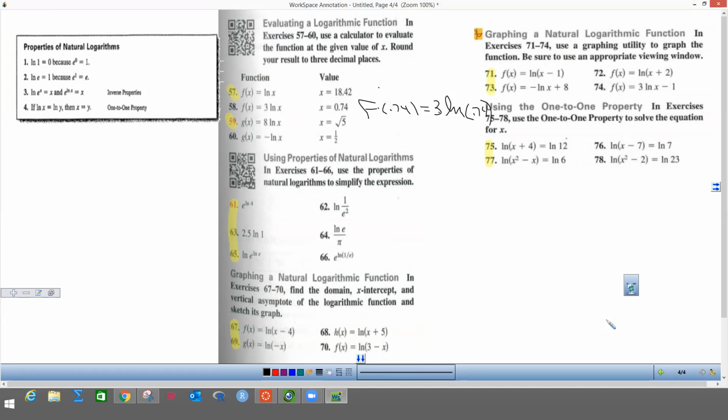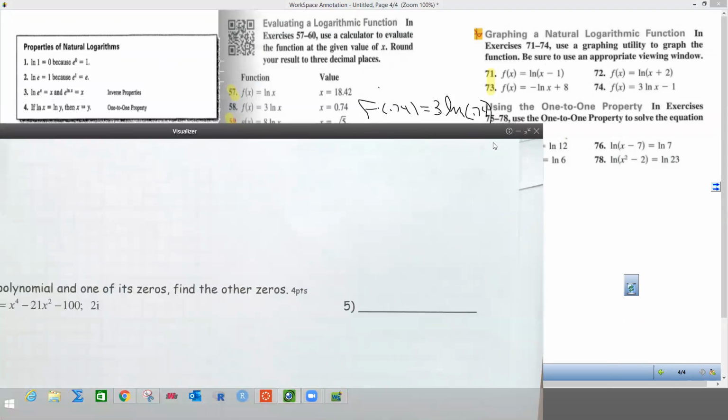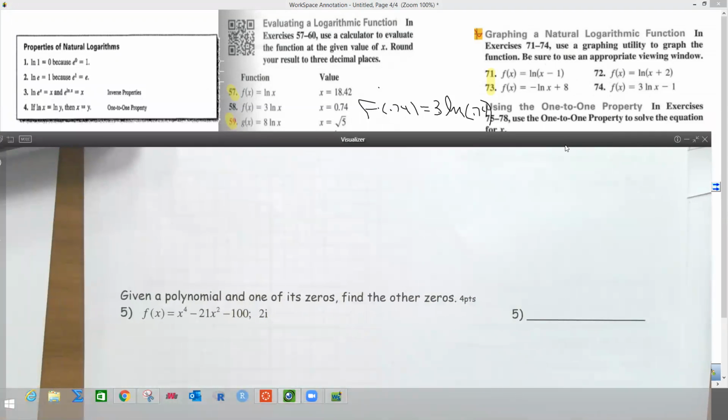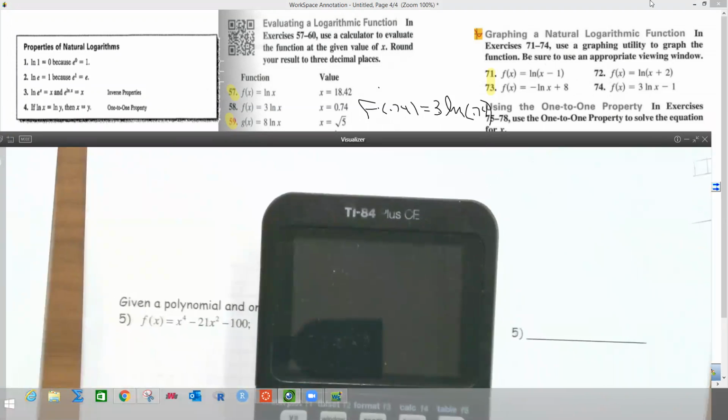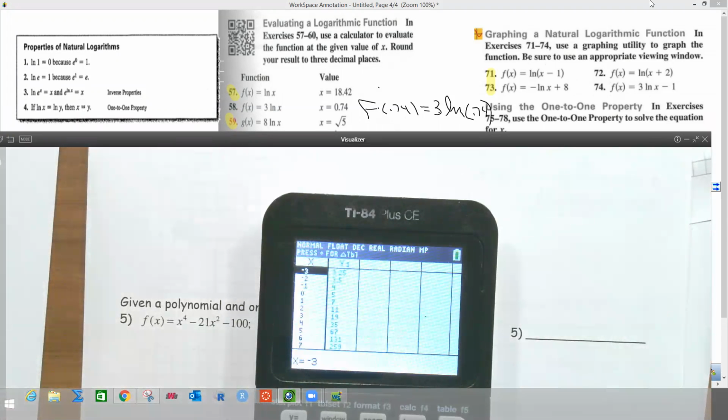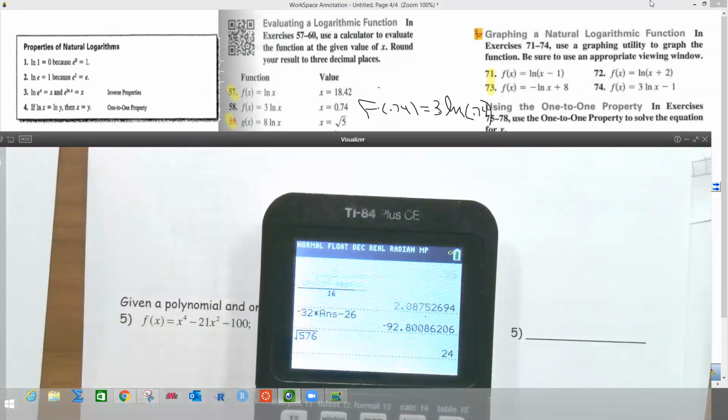So on your calculator, I'm going to type in that part right there, the 3 natural logs.